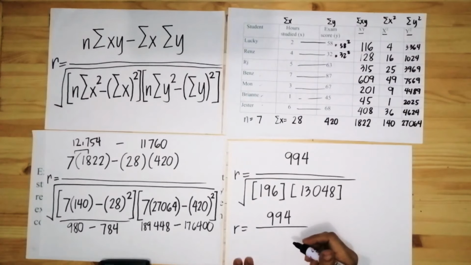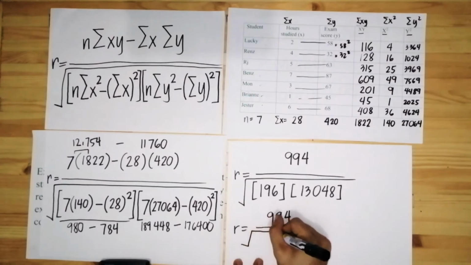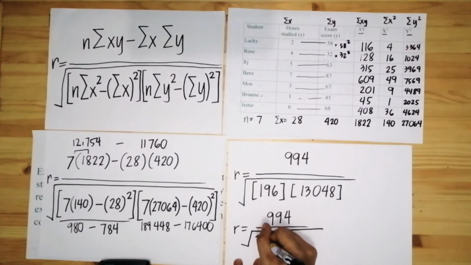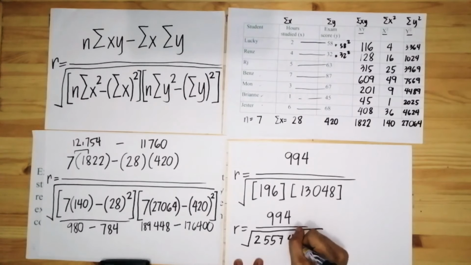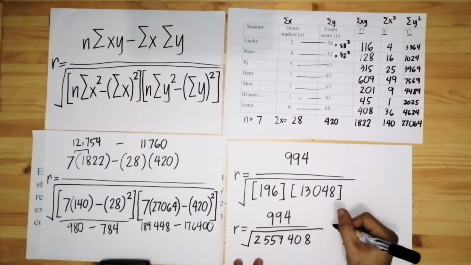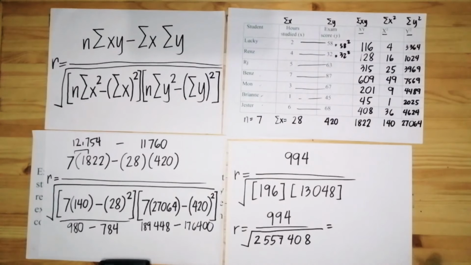So, that is equal to square root, huwag kalimutan, 2,557,408. Then divide natin 994 divided by square root neto.